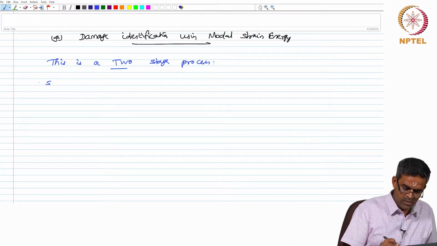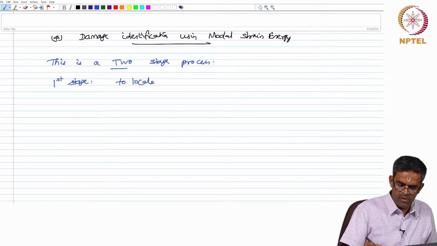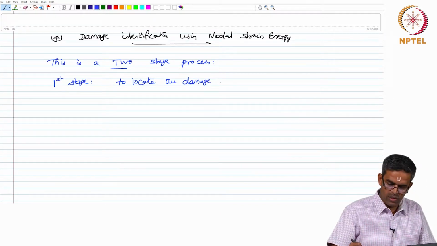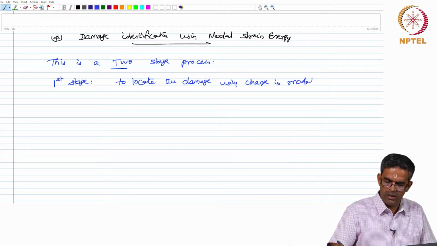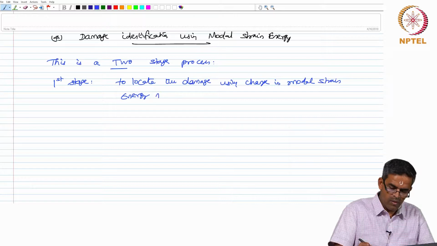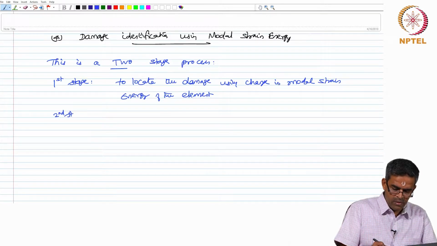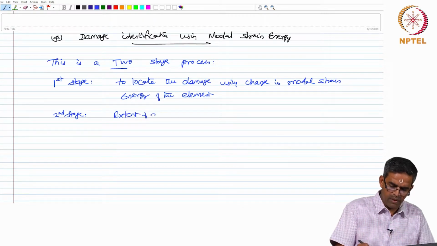First stage, to locate the damage using change in modal strain energy of the element. The second stage is to determine the extent of damage.